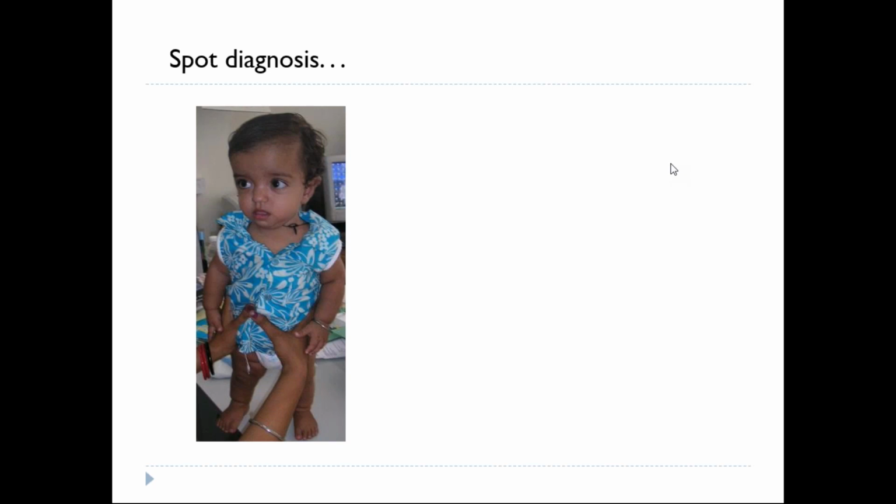Cretinism is when there is congenital hypothyroidism. What I wanted is, is he disproportionate or proportionate? So he is disproportionate. Your upper segment is higher. So it can also be thyroid. It can also be achondroplasia. So both of you have answered correctly, but what would be better is disproportionate short stature. Your colleague has answered. That's good. At least you are picking up. So this child had actually achondroplasia.